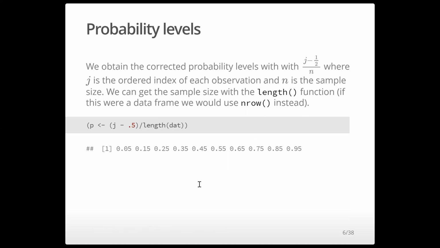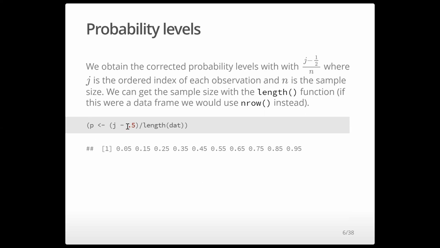We want to obtain the corrected expected probability levels. To do that, we use this formula: J minus 1/2, divided by n, where J is the ordered index and n is the sample size. We can, again, use length here to get the sample size. If we had more than one column, we'd use nrow, but when we only have one column, we use length.